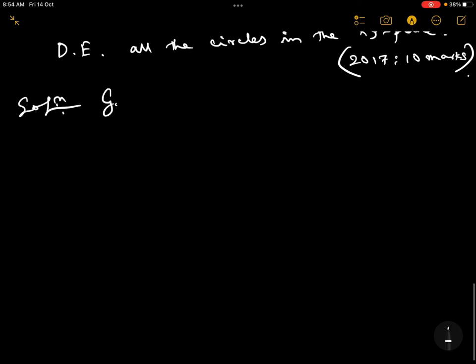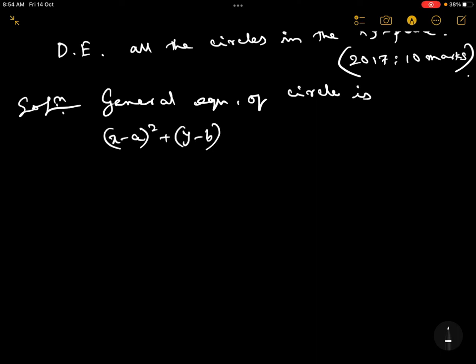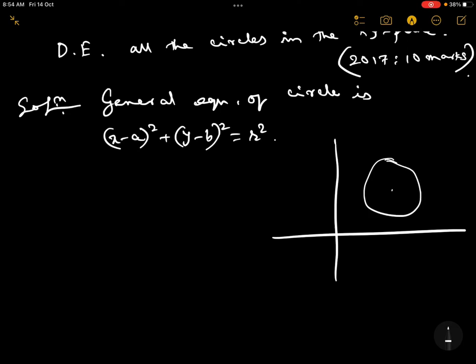So the general equation of a circle is given by x minus a whole square plus y minus b whole square equal to r square. So if we draw the figure, it will be like this. This (a, b) would be the center, and the radius would be this one. So this equation looks like this. (a, b) can be the origin also.